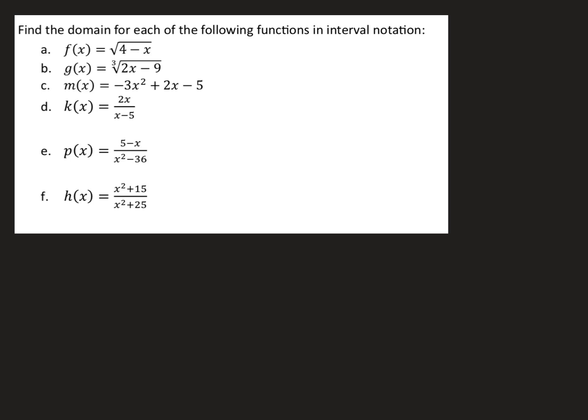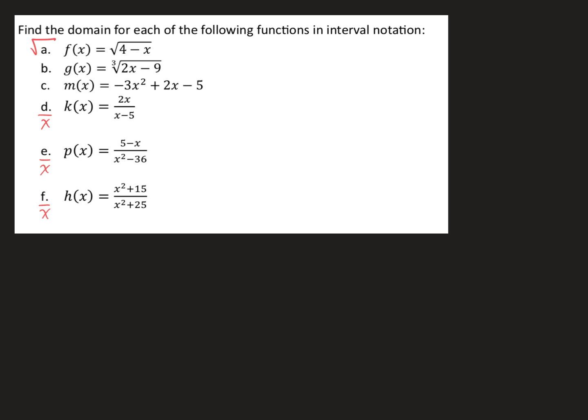So I can clearly see that part A is a square root, and part D, E, and F are all rational functions. And all that means is that there's a variable in the denominator that is not inside of a square root, or additionally has whole number exponents.